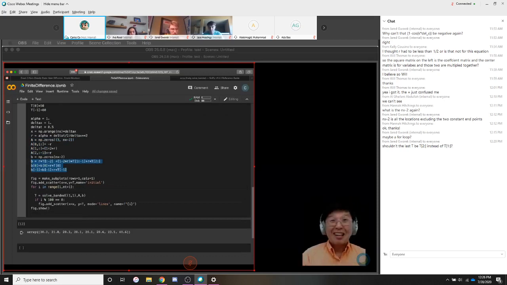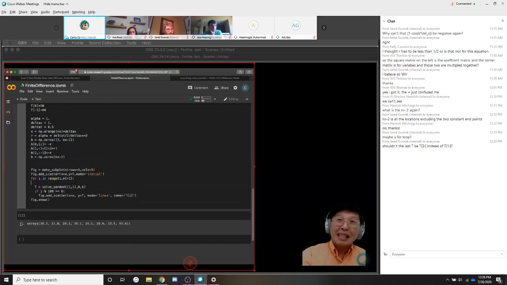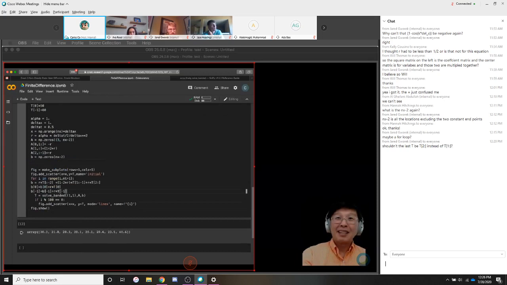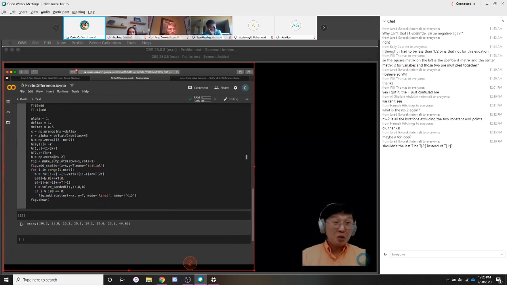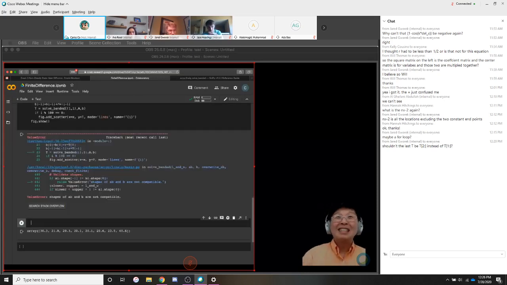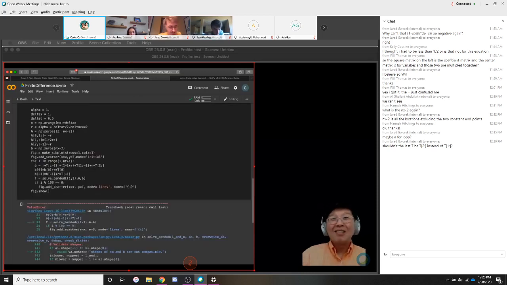In contrast, our vector B, on the right-hand side of AX equals B, depends on the previous temperature. Thankfully it does, because the next temperature has to depend on the previous temperature. So we need to have that in here, and that's how we go about stepping forwards in temperature. At this point, I think this should work. Cross my fingers, hope it works.